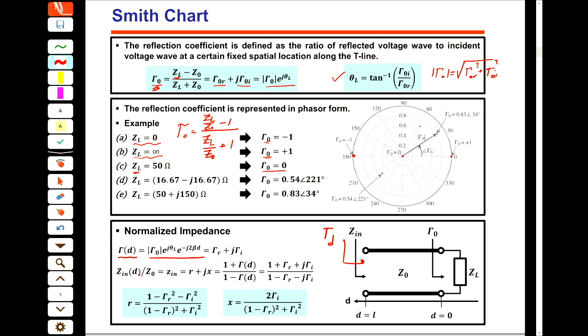Then the input impedance that we defined, and then if we normalize it based on the characteristic impedance of your transmission line, and we denote it by lowercase z in, is again coming from this R. It has a real and imaginary part, and coming from this formula.